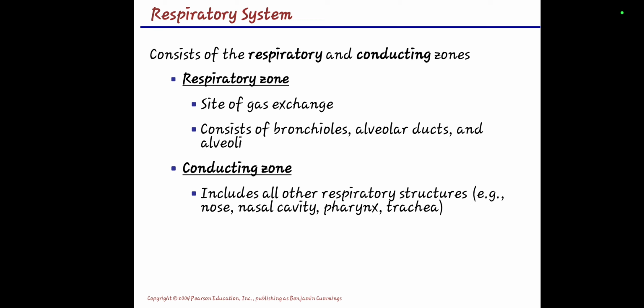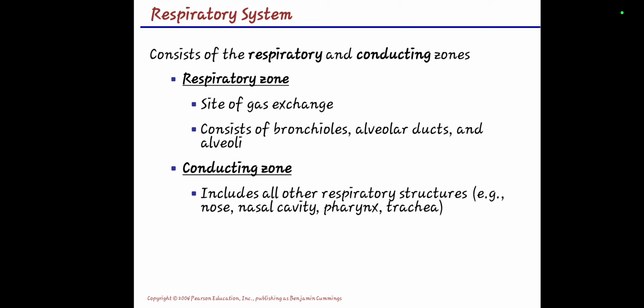So the respiratory zone is a site of gas exchange, meaning it has a diffusion of oxygen, and it usually occurs in the alveoli sac to the circulatory system. Respiratory zone also consists of bronchioles, alveolar ducts, and alveoli. This is actually a part or an organ of the respiratory system.